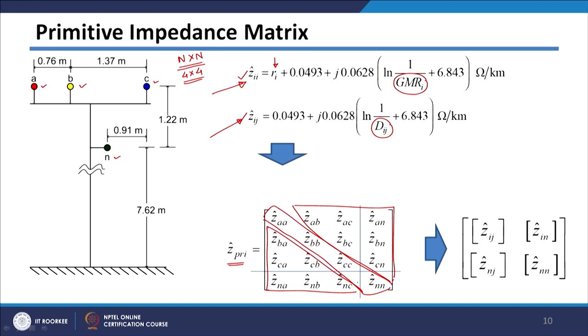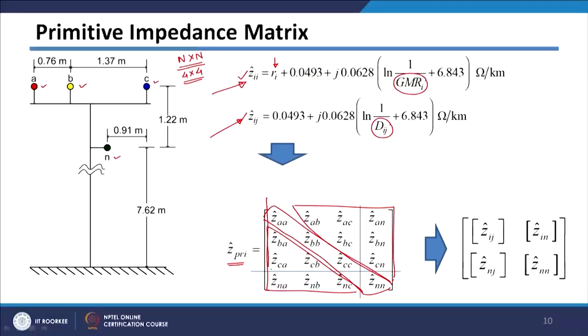Then we are going to divide this matrix into 4 parts. The parts corresponding to phase conductors we want to separate from parts corresponding to neutral conductors. So, if you see, this part of the matrix has only the phase conductors, and I am representing it by Zij, where ij corresponds to your phase conductors.